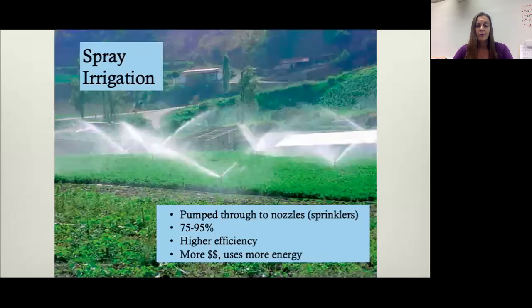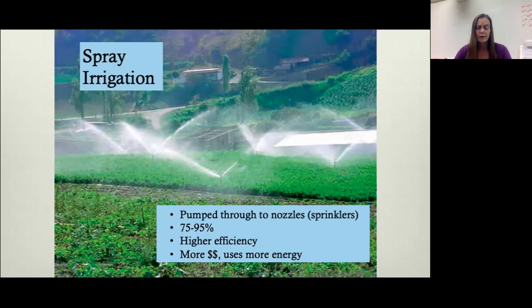Okay, third form, and this is the form we most commonly see in the United States, is spray irrigation. This can be a center pivot type of spray. This can be typical sprinklers like you're used to seeing in our yards or as we see in this picture.